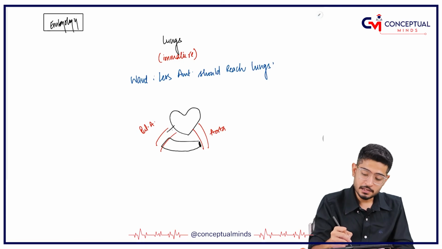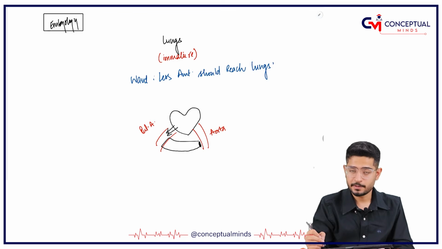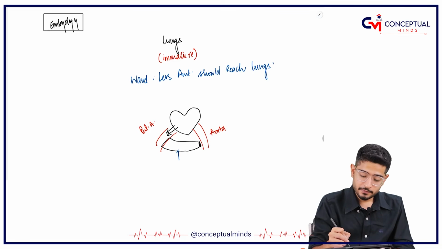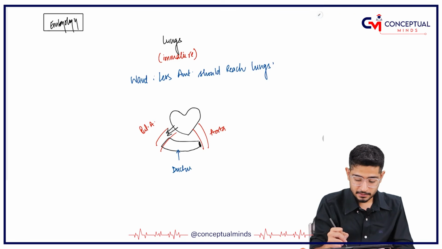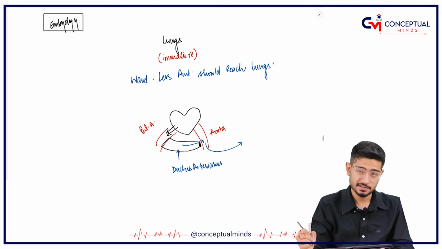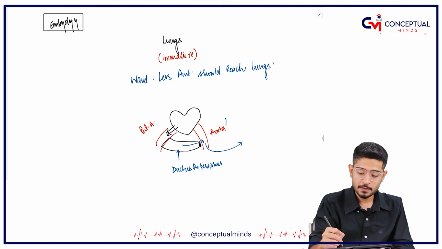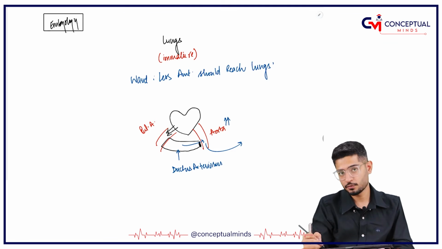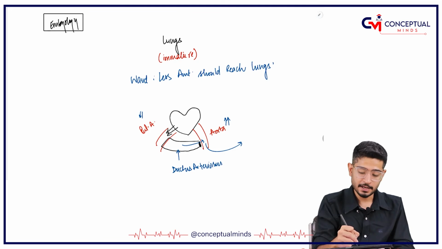Why? Because any blood going to the pulmonary artery, with the help of this connection called the ductus arteriosus, will come to the aorta and get to the systemic circulation. This way, the aorta and the systemic circulation have more blood, whereas the pulmonary artery has less blood.